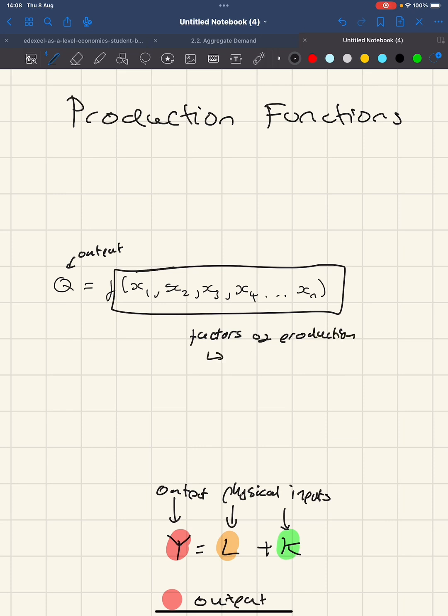They could be labor, capital, land, and so on. We can have infinitely many inputs, but usually the inputs we use are labor and capital, L and K. Let's look at a very simple production function.